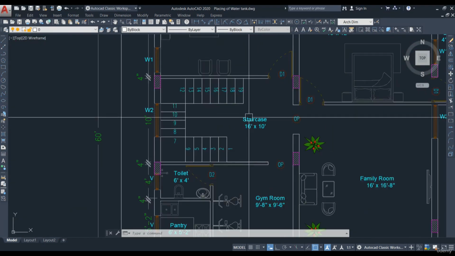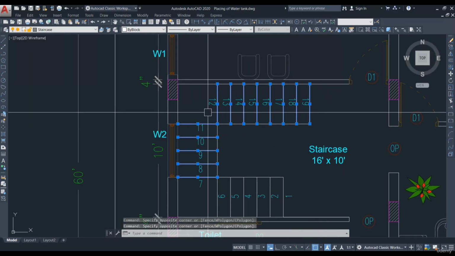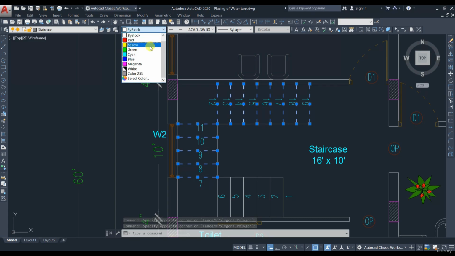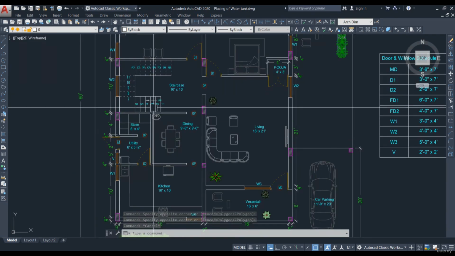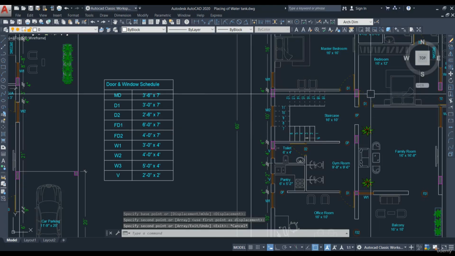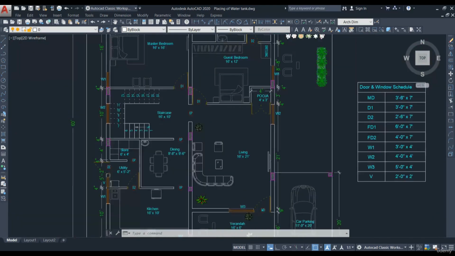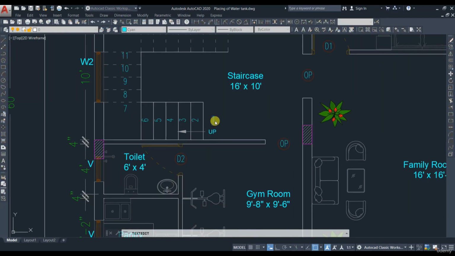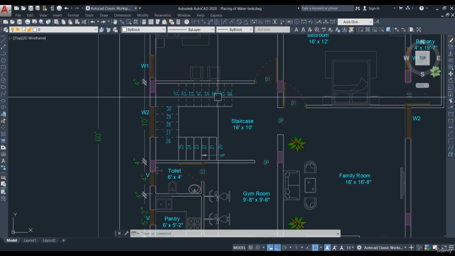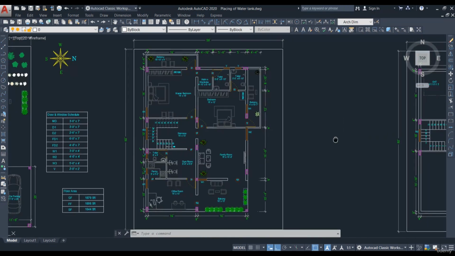Next, coming to this floor, here also let's select these lines and then put them in the dash line and make the color gray. Just copy this arrow over here, and this number we can change. Here it's stopping at 19, so this one we can change to 20. So till 38 steps we have. Let's copy the same numbering to the terrace floor as well.